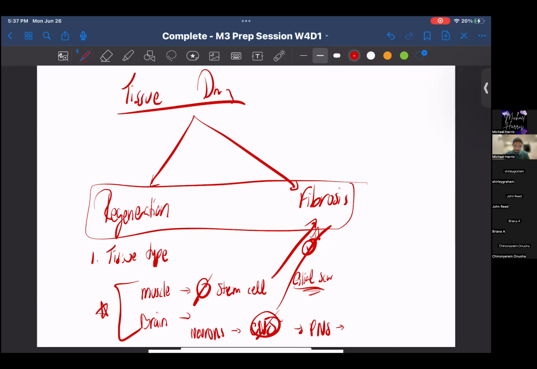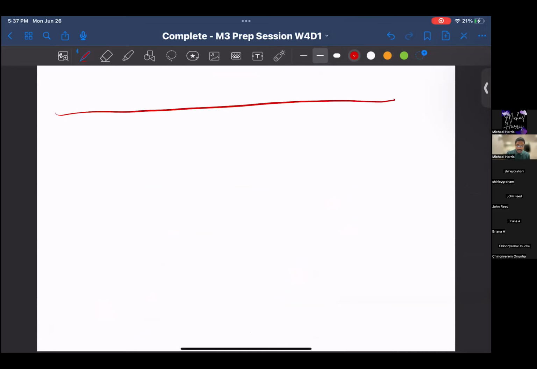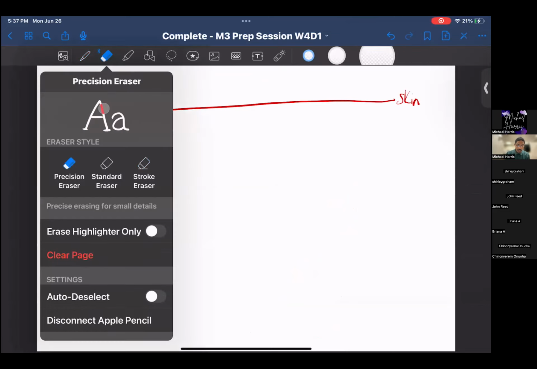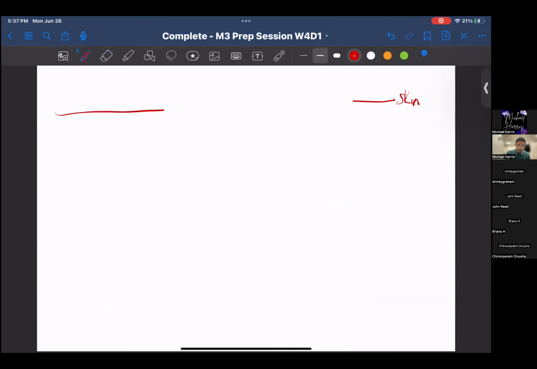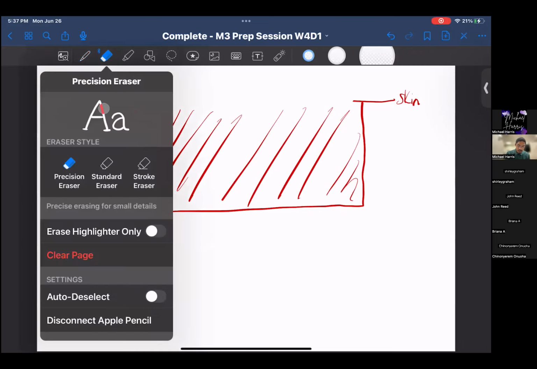Now, the other factor that plays a big part in whether it's regeneration versus fibrosis is the extent of the damage, how big the damage is. So for instance, if this is my skin, and a giant piece of my skin got chopped off, let's say in a biopsy, now I'm missing all this tissue here in the center. Some of this tissue will undergo regeneration.